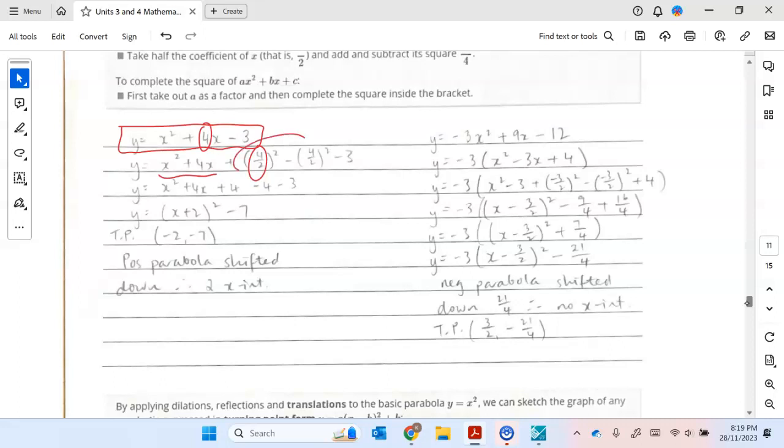So effectively what we're doing here is not changing the value of our equation at all, because that is still equal to 0. So 5 minus 5 is 0. We just got a number and then we're subtracting it.